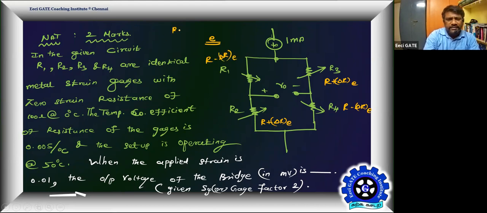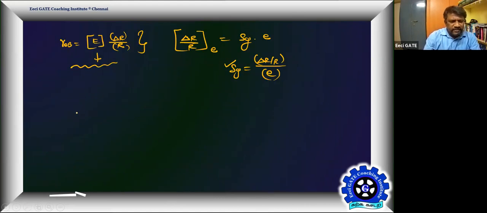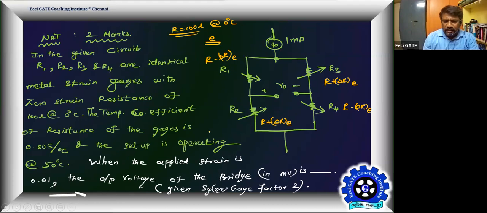What is given is R, equal to 100 ohm, which is the zero strain, 0 degree C resistance. But a different operating temperature is given, so the strain gauges will also experience resistance change due to temperature. Now let me talk about R1 and R4.